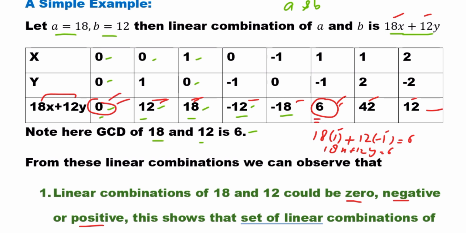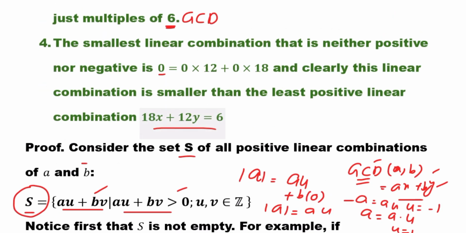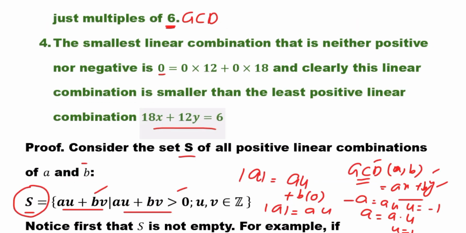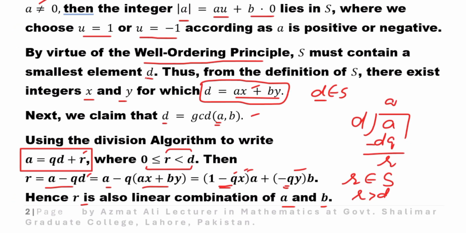So the only possibility, because we have claimed that d is the smallest element. Next we show that d can be written as the linear combination ax plus by.